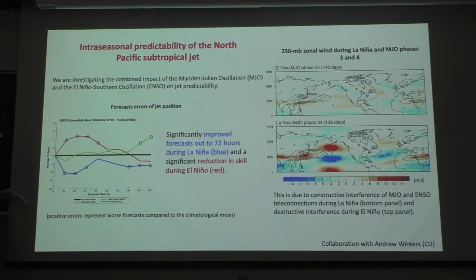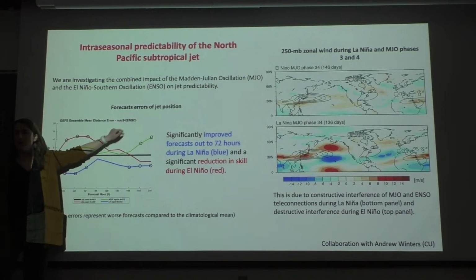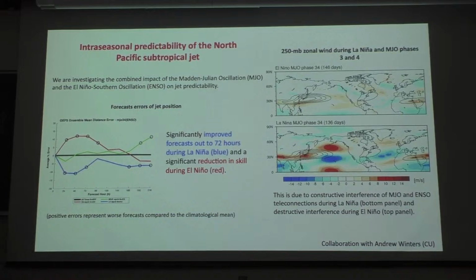So essentially what we see, this is during MJO phases 3 and 4. This is when MJO precipitation is over the East Indian Ocean and Maritime Continent region, because remember MJO propagates eastward, and also separated by El Nino versus La Nina.